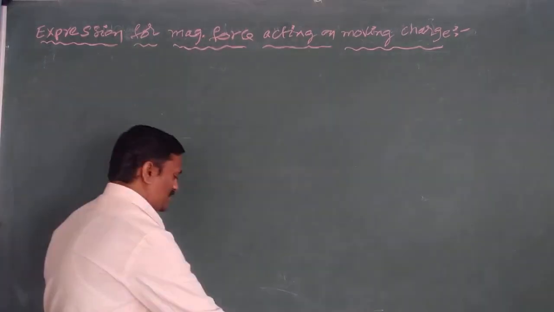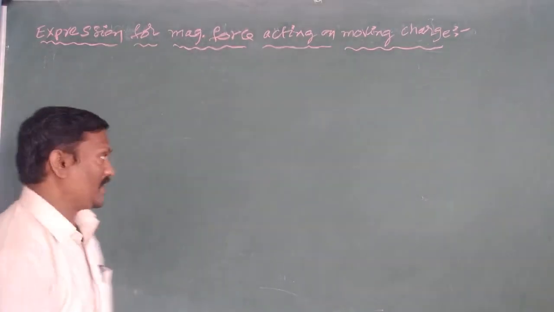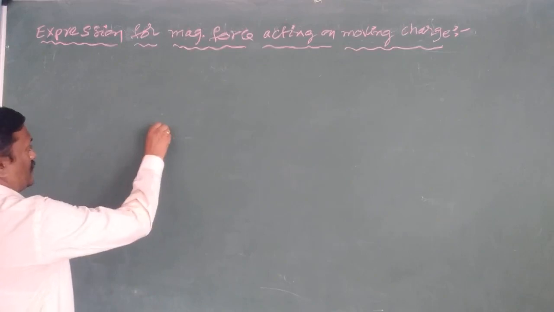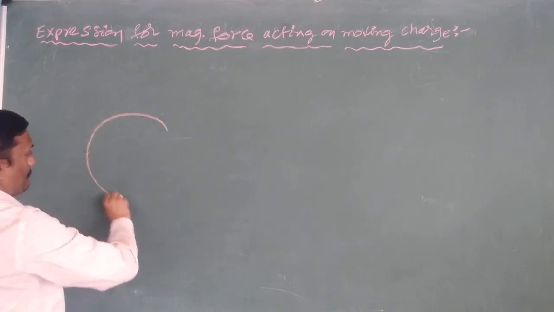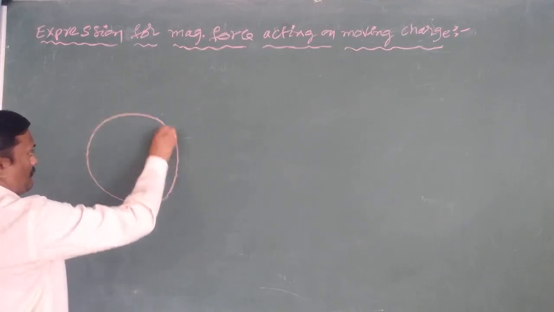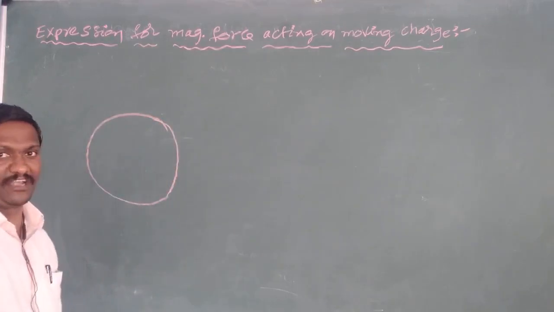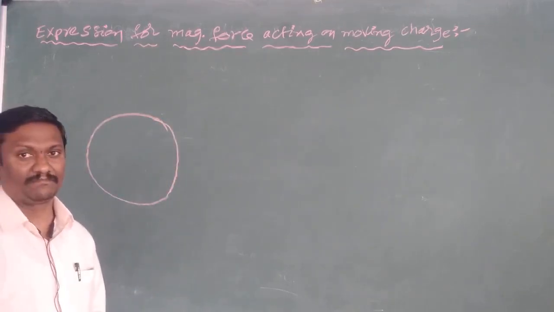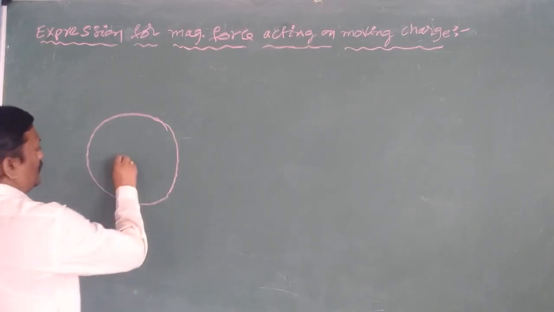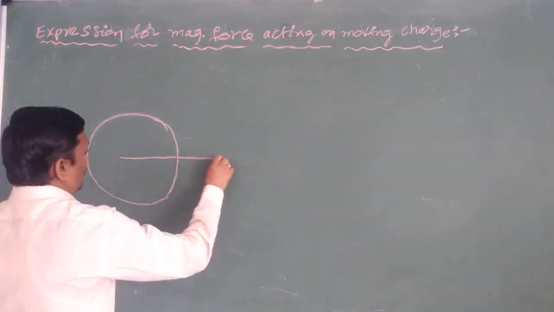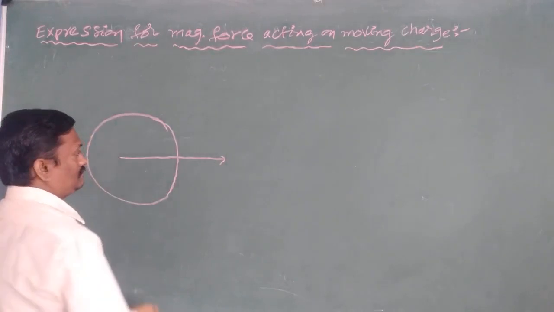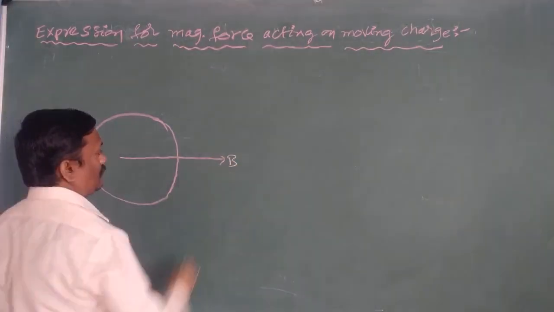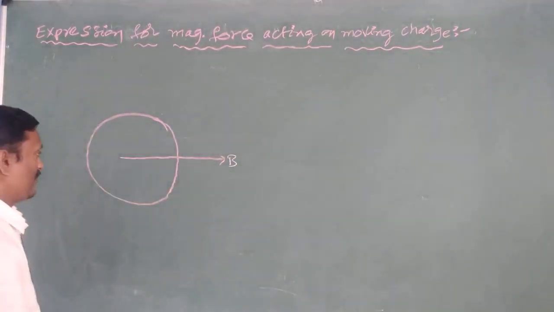For this purpose, assume there is a uniform magnetic field. At every point, the strength of the magnetic field is the same. And assume this is the direction of the magnetic field.